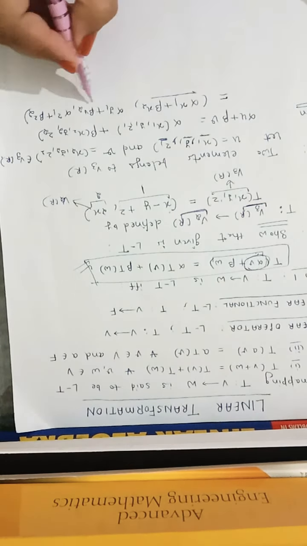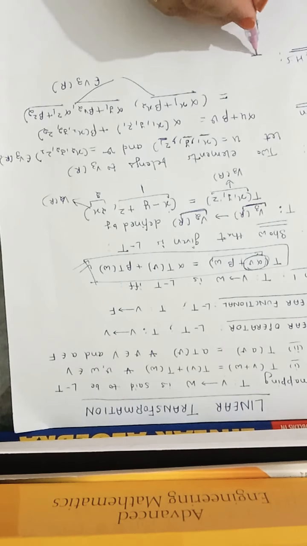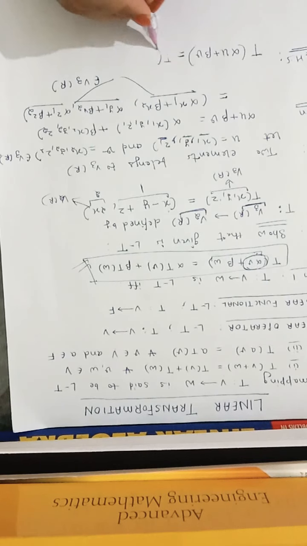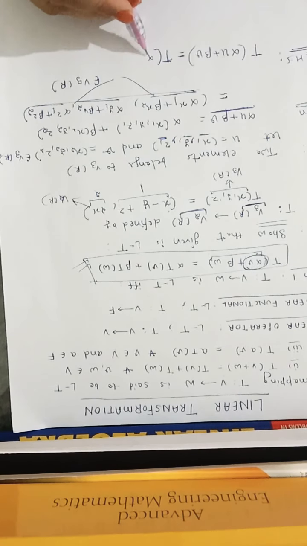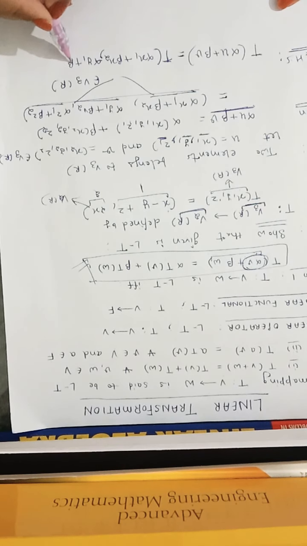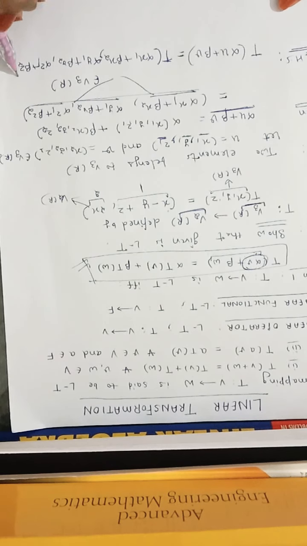Now clearly these are 3 elements, this belongs to V3(R). Now take the left hand side of the theorem first, that is T of alpha u plus beta v. This comes out to be T of (alpha x1 plus beta x2, alpha y1 plus beta y2, alpha z1 plus beta z2).